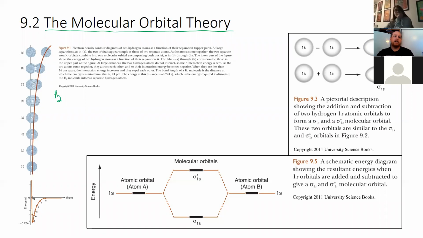And so over on the left, you see essentially an energy diagram where you have two hydrogen atoms. So one hydrogen atom initially here, and a second one that's far away.